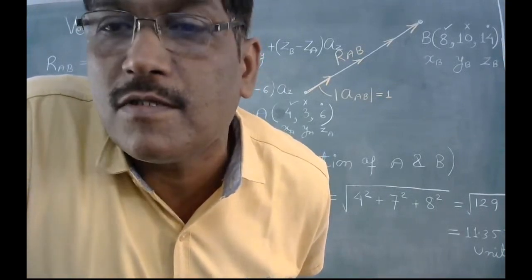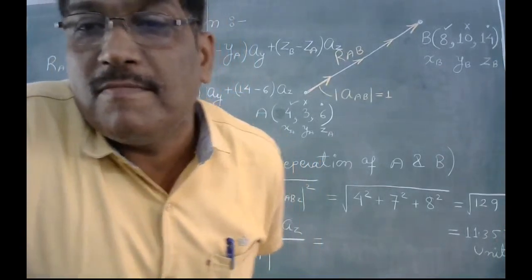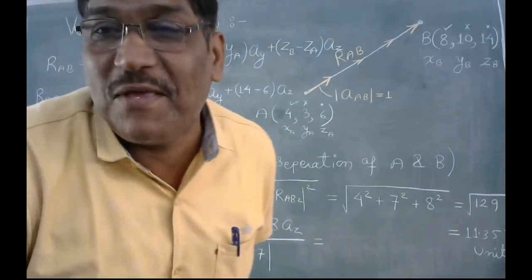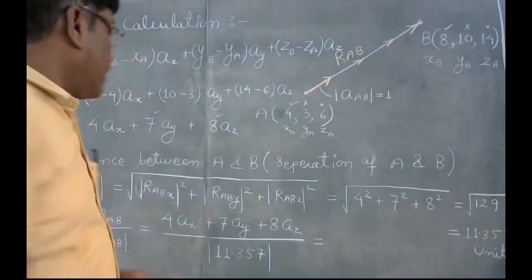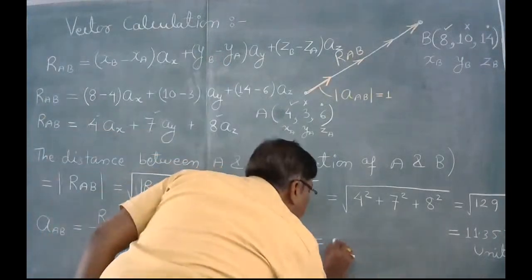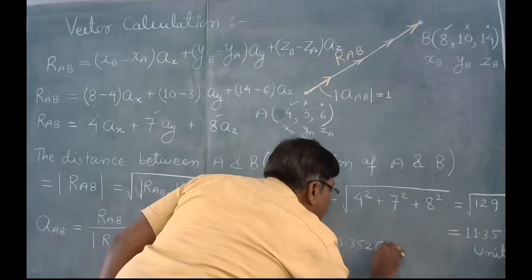Anuj Sharma has joined now. Okay, thank you Anuj for joining us. So just as indicated by you, we will go ahead. 0.352ax is coming out to be equal to 0.352ax.